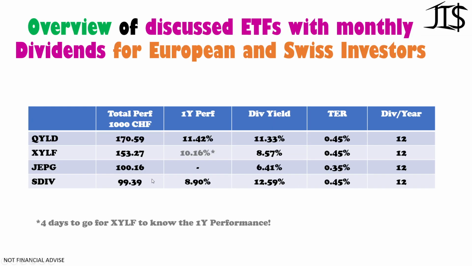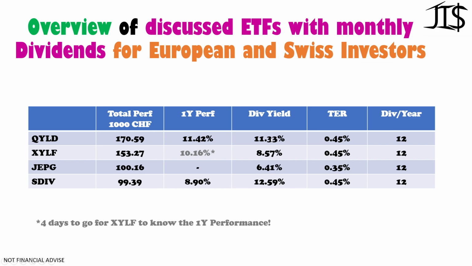And if you look then at the other overview that I made, so 1 year performance here for QYLD, it's 11.42%. XYLF, I put 10.16%, but you know, there are 4 days to go for XYLF to know the true 1 year performance.